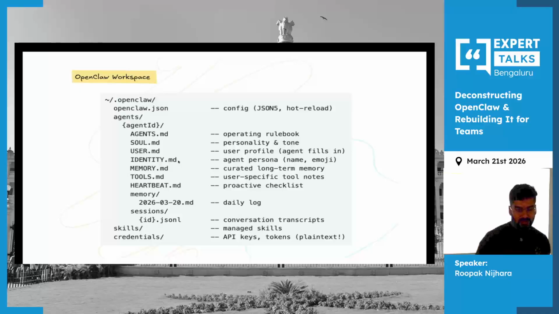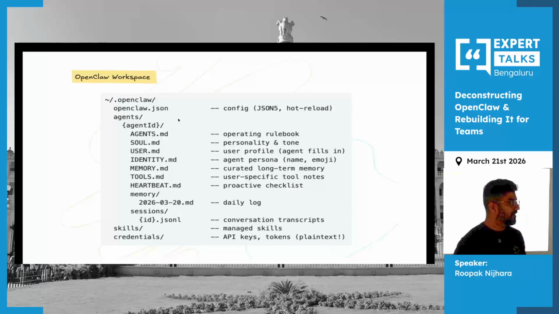I'll quickly give a rundown of what each of these do. So OpenClaw.json is the config file. That's where you configure pretty much everything related to OpenClaw. Whenever you're configuring from the OpenClaw CLI, that configuration will be written here and will be picked up by the gateway accordingly.